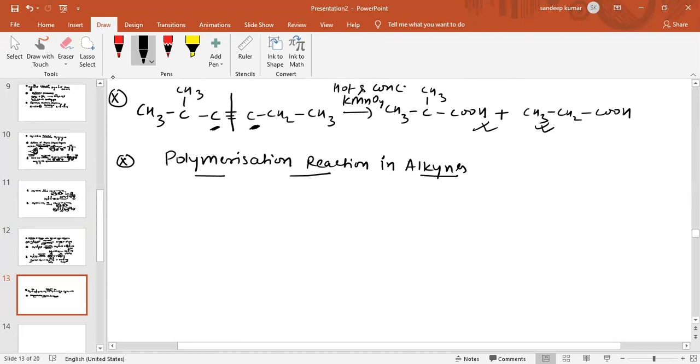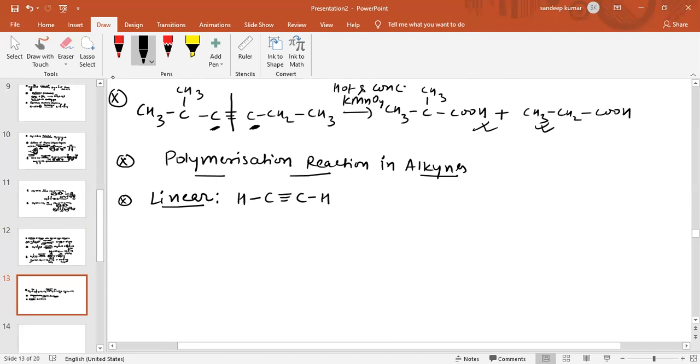First I am going to discuss the linear polymerization. It is very easy. If an alkyne is given like this, H, C triple bond C, H, the compound is like this.